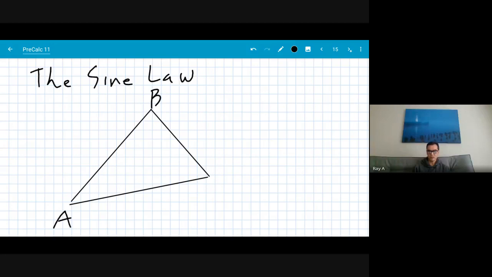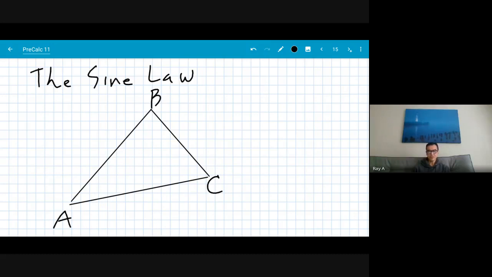So angle A, B, C. So the sine law would allow you to solve for the missing side and the missing angle by creating relationships between a side and the angle opposite that side. All right? So let's think about that for a moment. We will be creating ratios between the sides and the angle opposite that side.